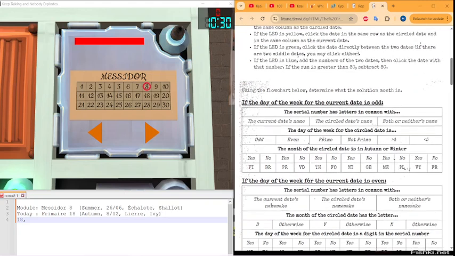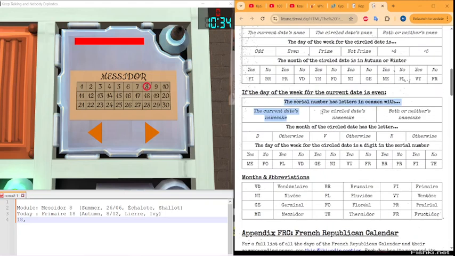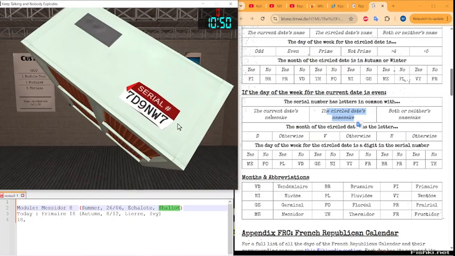Now for the month, the day of the week of the current date did not change, so we use the second table. Serial number has letters in common with current date's namesake. It was false, it didn't change. Circled date's namesake is Charlotte. Letters in common with Charlotte.